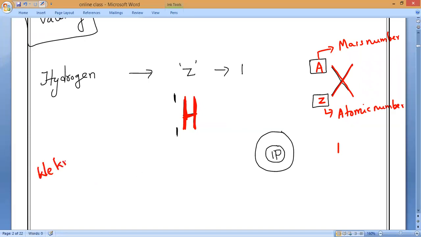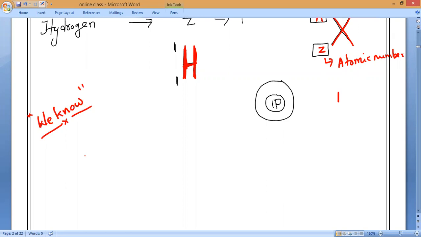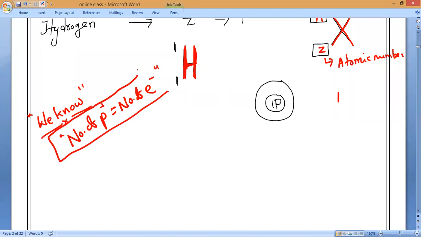Yeah, we know one statement. Can anybody tell me without my presence? Anybody fastly? In any atom, somebody is equal to somebody. We know number of electrons is equal to protons. Very good, Noor. Number of protons is always equal to whom, guys? Number of electrons. Please keep it in mind that for any atom, number of protons is equal to number of electrons.